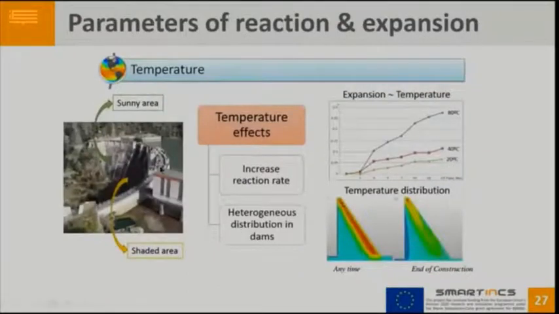We have talked before about the temperature. Here we have different experimental results with test bars exposed to different temperatures, and we can see that when we increase the temperature, the reaction rate increases significantly.